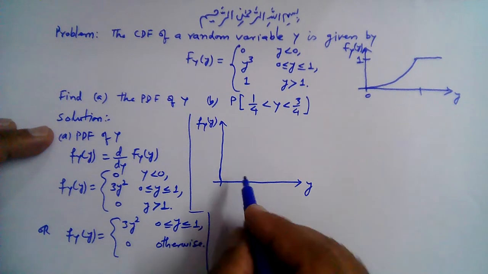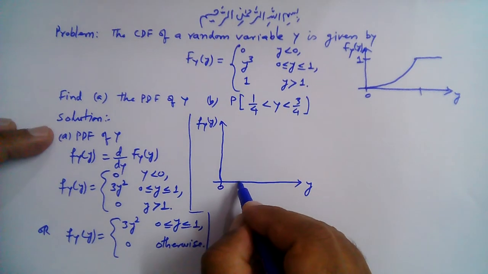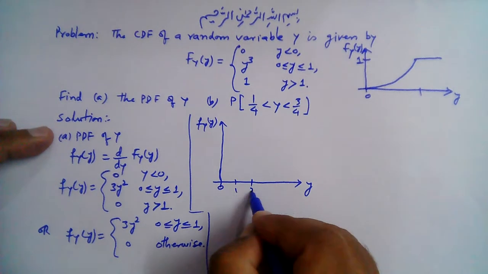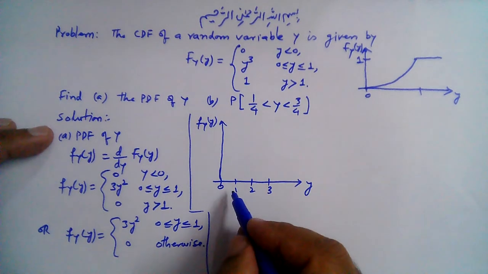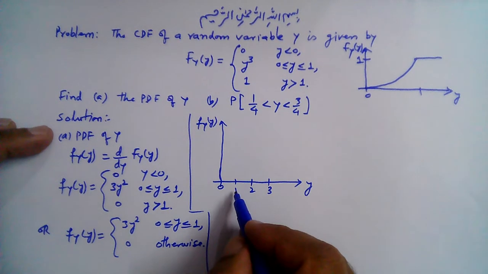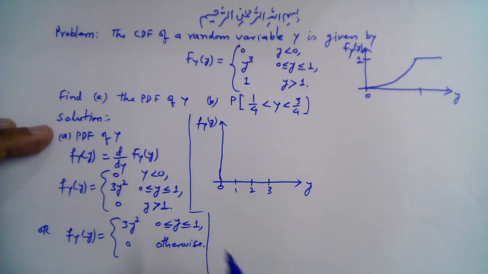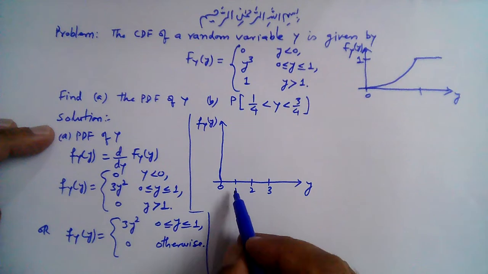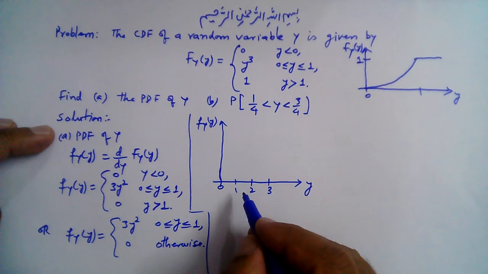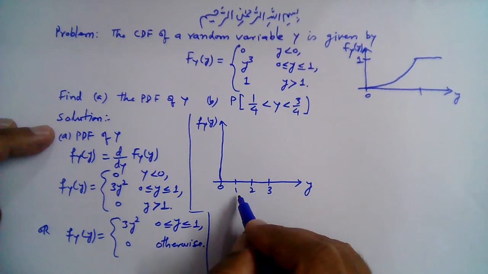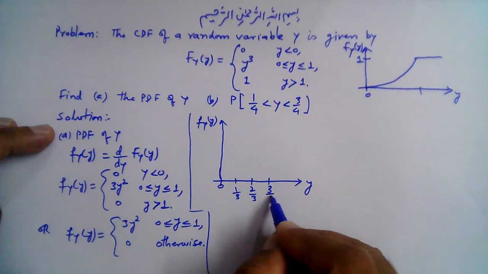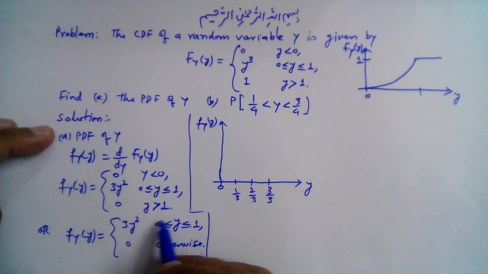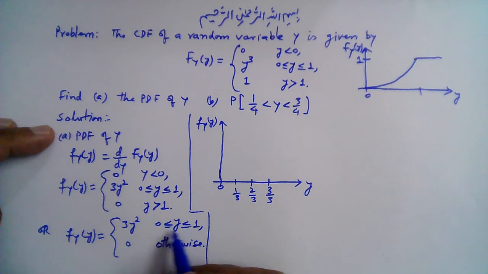Let the marks be 1/3, 2/3, and 3/3, because the meaningful values are between 0 and 1.